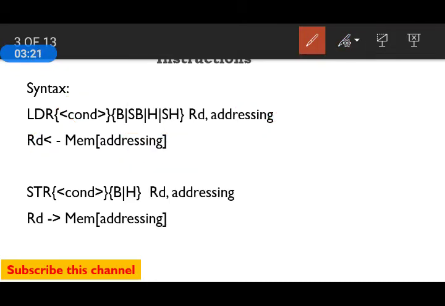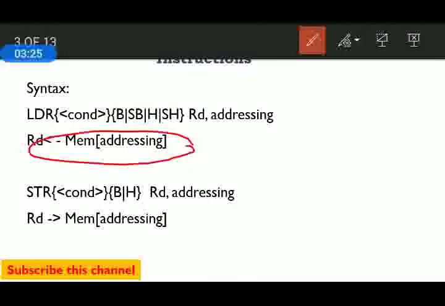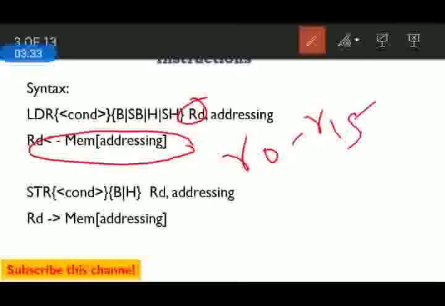The working of LDR can be explained by this statement: the memory content of the addressing is loaded into RD. RD is the destination register. It may be any one of the registers R0 to R15. This addressing is used to access the memory, that is, from which memory we have to load the data.